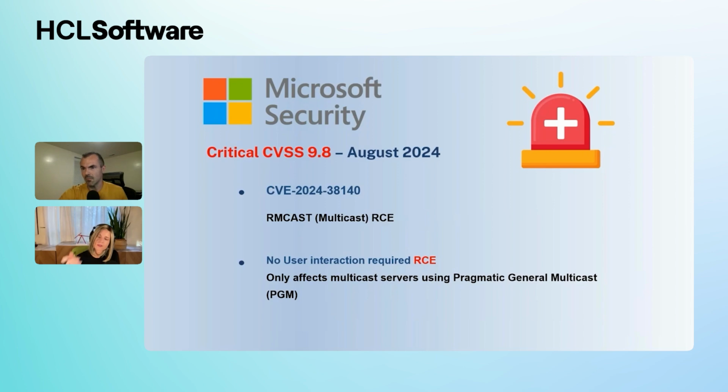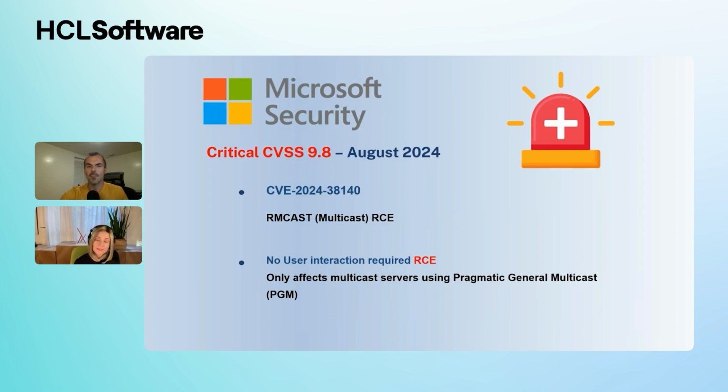Vulnerability scanners should certainly be better at this, but it's fairly difficult to tell which of your listening ports is a multicast port. So determining exactly which boxes are vulnerable here is a little more difficult. It's not as simple as checking a service name.